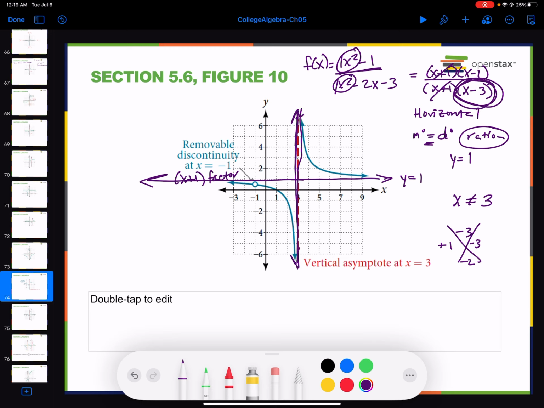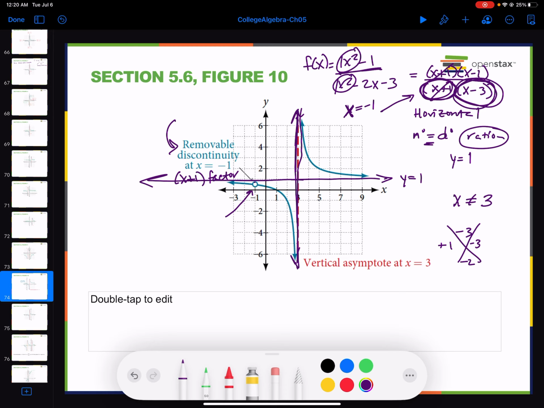And then this removable discontinuity is an interesting thing. So what happens is you'll notice that we got rid of this factor. Well, if x equaled negative 1, then that would make the denominator 0. We factored it out, so it doesn't apply, but that still affects our graph.